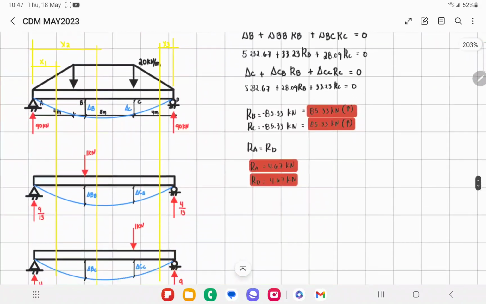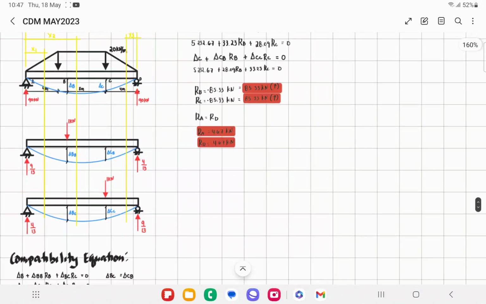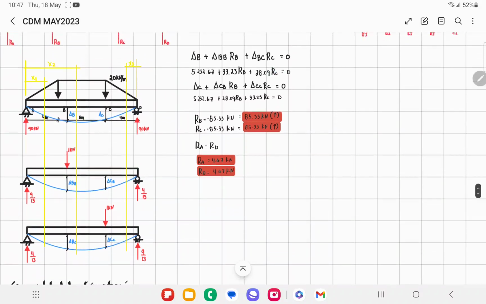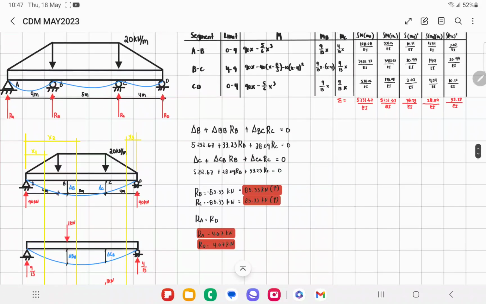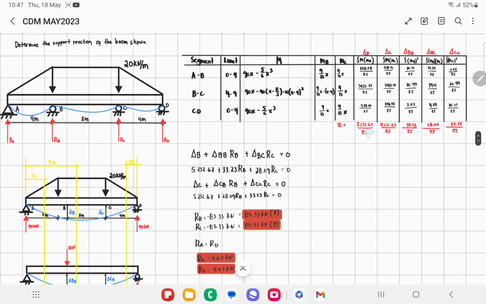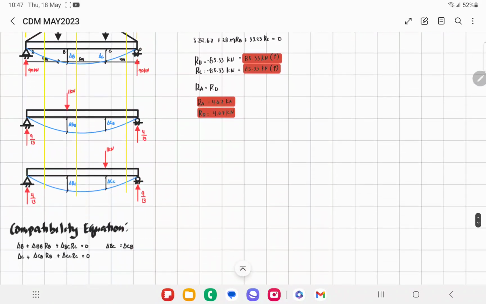Okay, so yun lang. So kunin natin yung compatibility equations and then substitute lang. Okay, so delta B plus delta BB RB. So delta B is 522.67 plus delta BB, ito yan 32.23 RB plus 28.09 na delta BC times RC. Okay? And then, yung second na compatibility equation, ito yan.